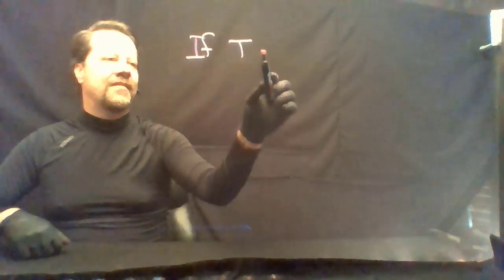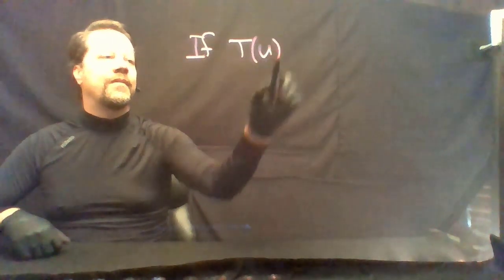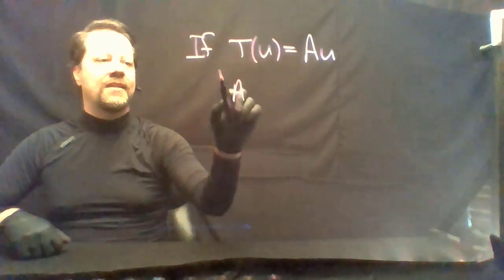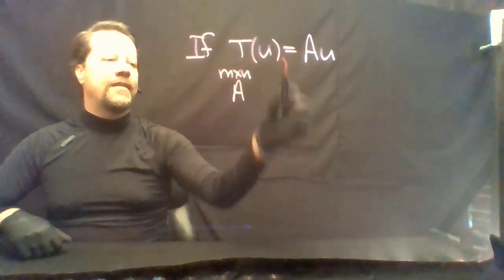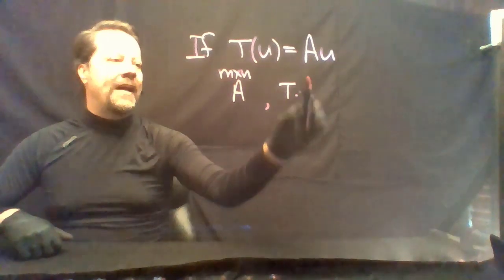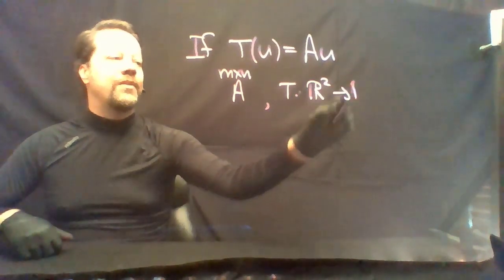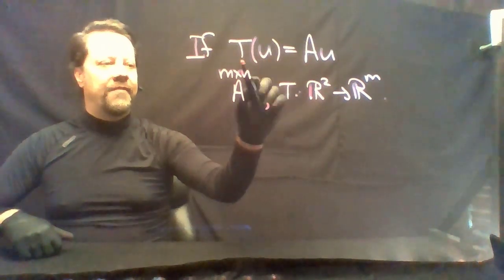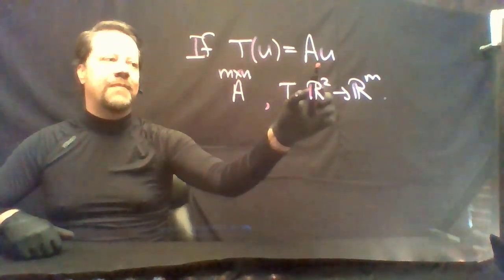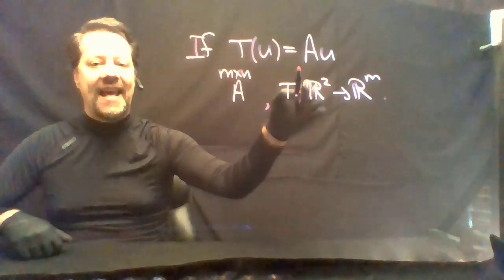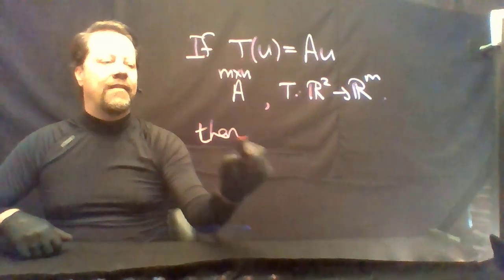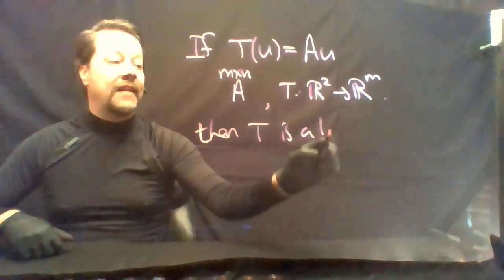More generally, if T of u is A times u, where A is m by n, then T will map Rn into Rm. If the function T is defined by multiplication by a matrix A on the left, then T is a linear transformation.